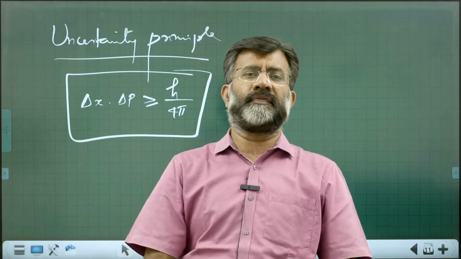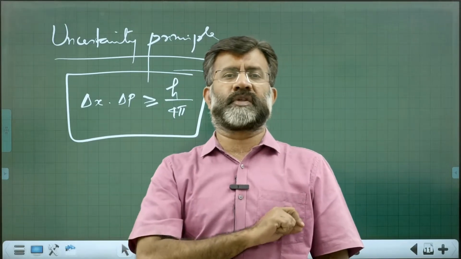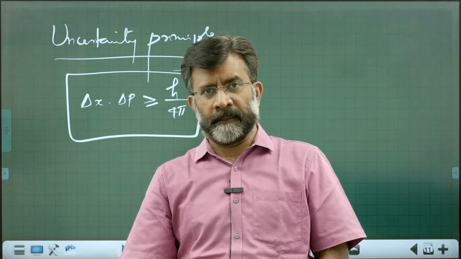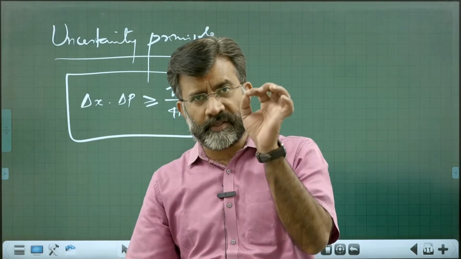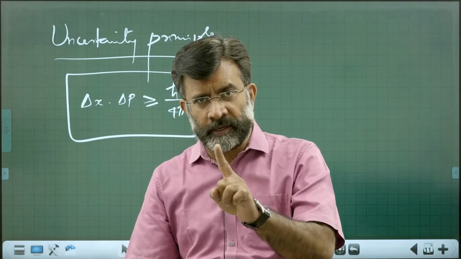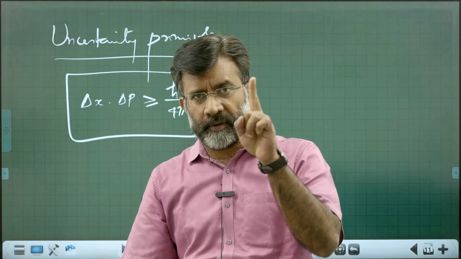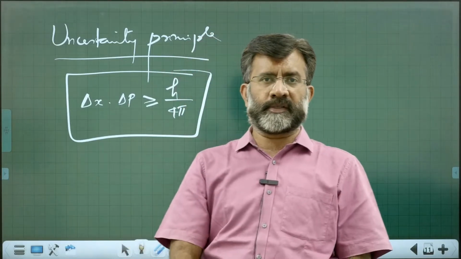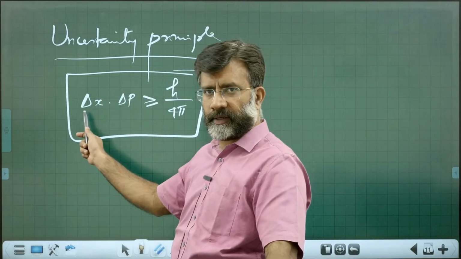It is significant for microscopic objects like electrons. He suggests that it is not possible to determine simultaneously and precisely the exact position and velocity of a moving subatomic particle like electron. There always exists an uncertainty.